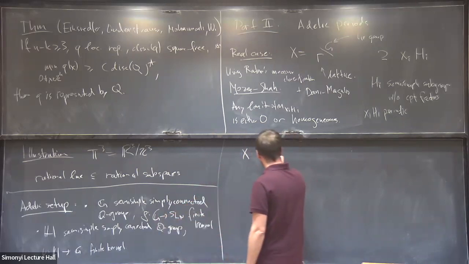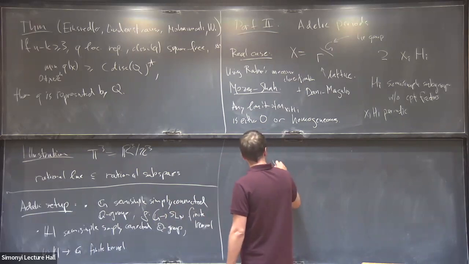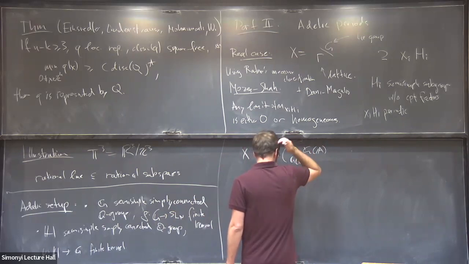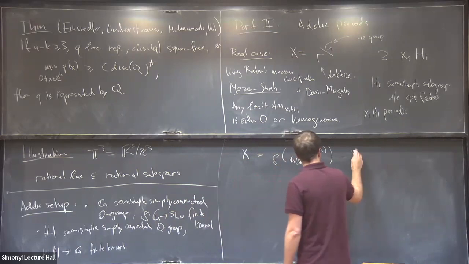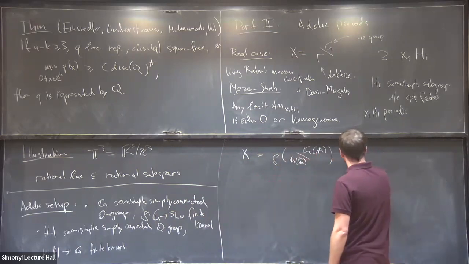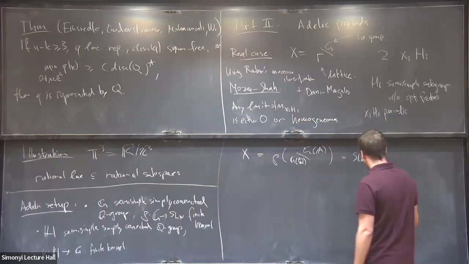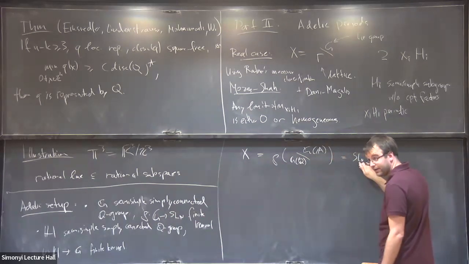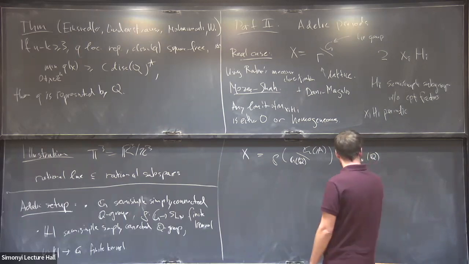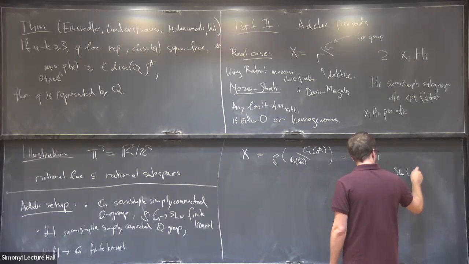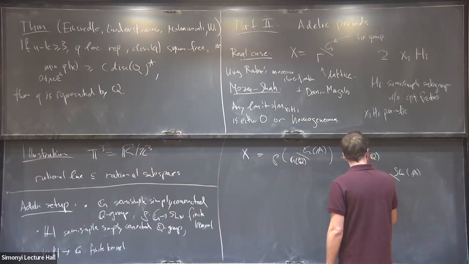You could write it, if you're brave, more explicitly the following way. First, I have SL_N(Q), the identity quotient of SL_N.